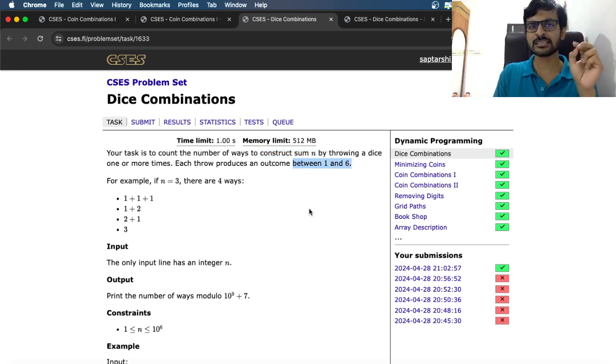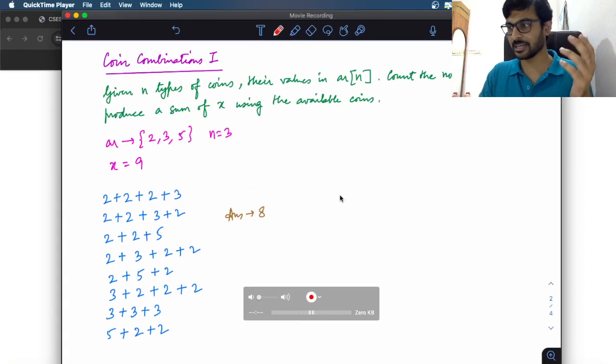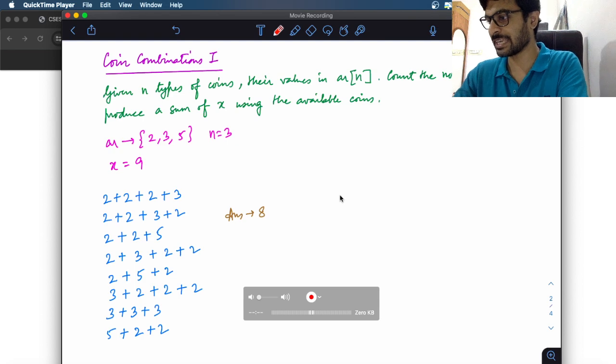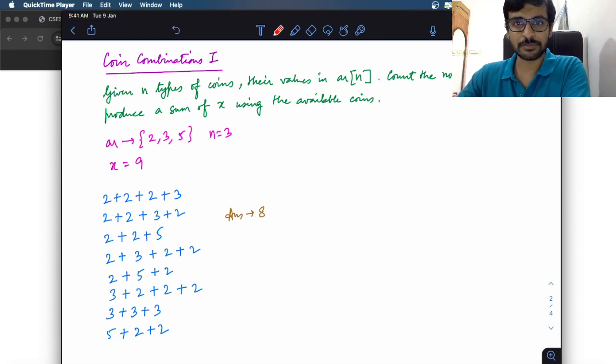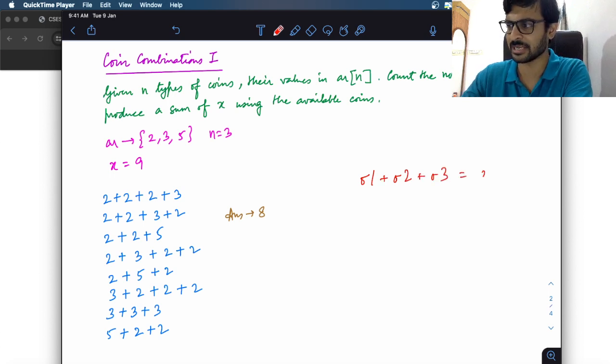We basically said the same thing: how many ways are there to reach a certain sum, let's say 3, and we saw that we have these 4 ways. 1 plus 2 and 2 plus 1 we had counted differently. So over there we threw some dice, outcome 1, then outcome 2, then outcome 3. Whatever number of outcomes we take, their summation has to be equal to the sum, that is x. Similar over here.